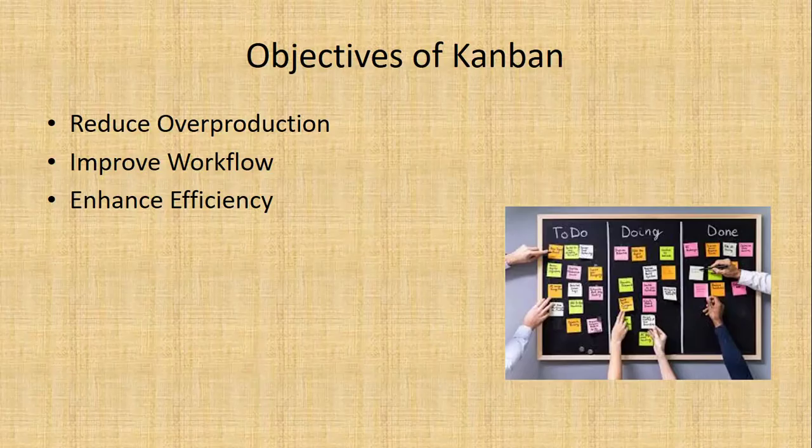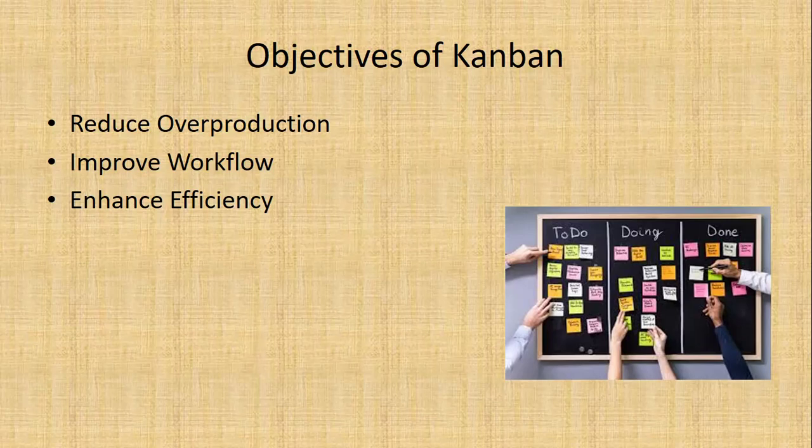The second objective is to limit the work in progress, referred to as WIP. By restricting the number of tasks in each stage, Kanban prevents overloading of resources and ensures that the team focuses on completing tasks before starting new ones.